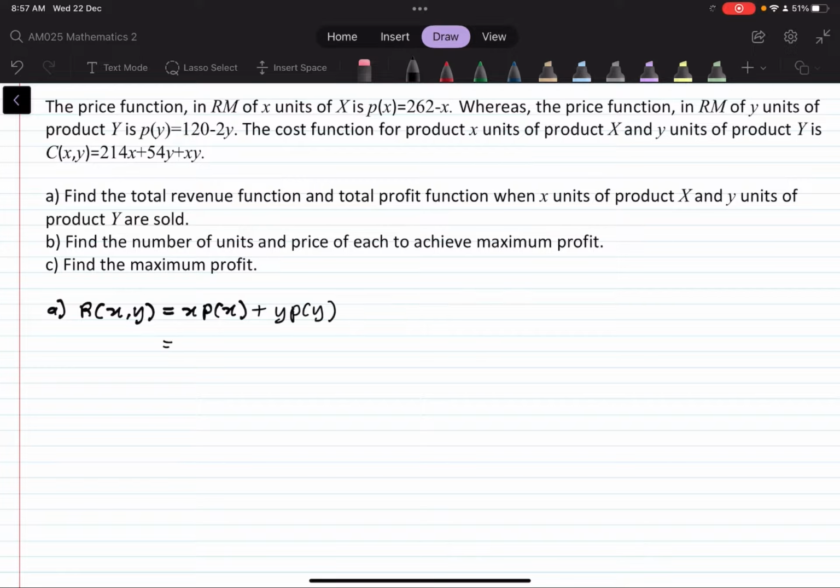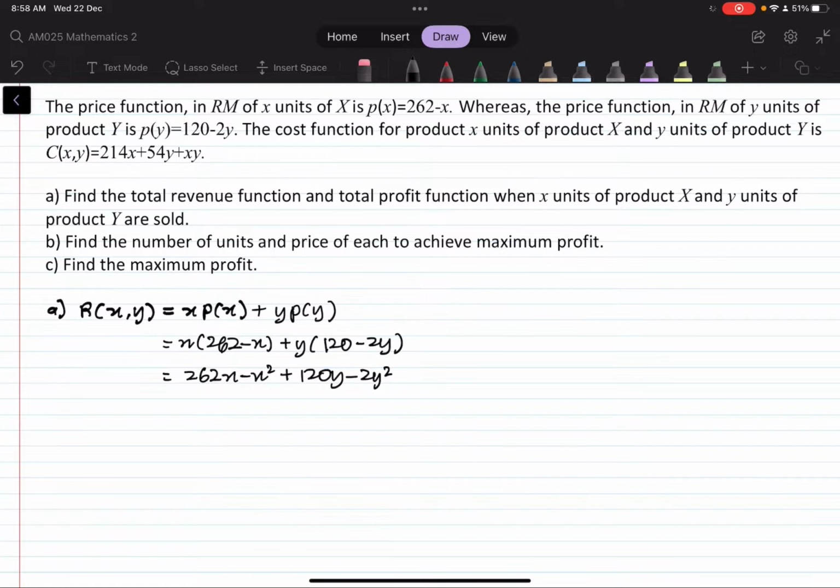So x times 262 minus x plus y times 120 minus 2y, which is 262x minus x squared plus 120y minus 2y squared.